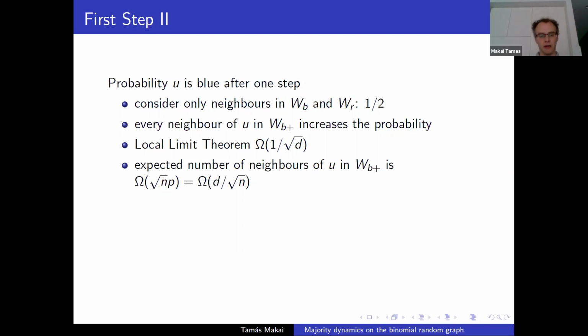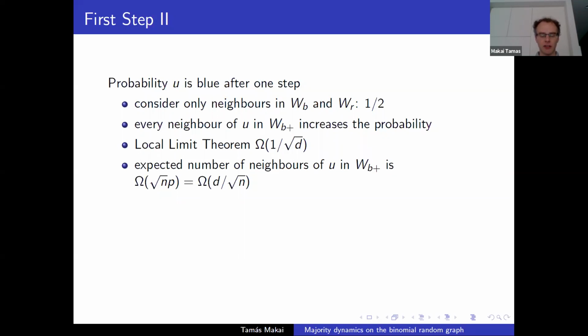Because of our choice of D, D tends to infinity faster than root n, that means that the number of neighbors of U in WB+ also tends to infinity. But this is a binomial random variable, so it will be concentrated around its expectation. So with high probability, we have something that's the same order as the expectation.